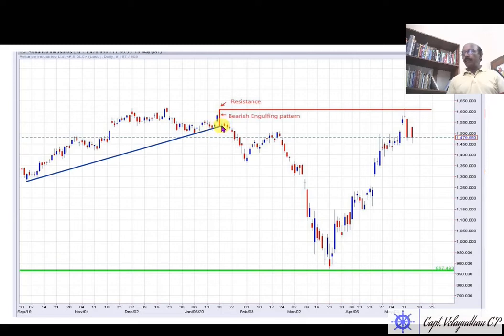From the next day onwards the market came down. Then Reliance made a dip all the way here. From here Reliance tried to move up, but this candle's top level became a resistance, and it took resistance here and moved down.